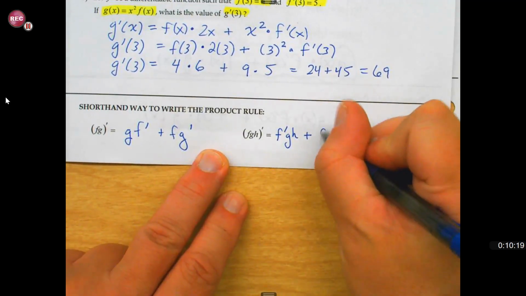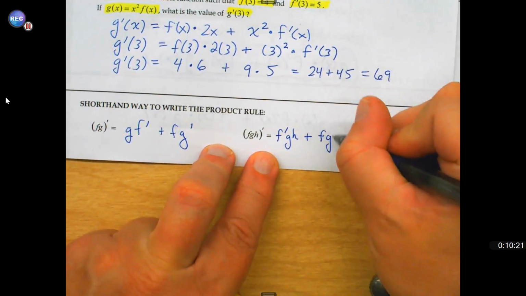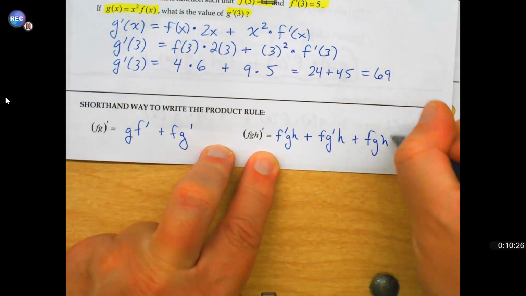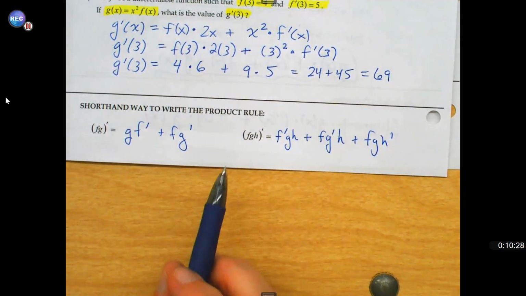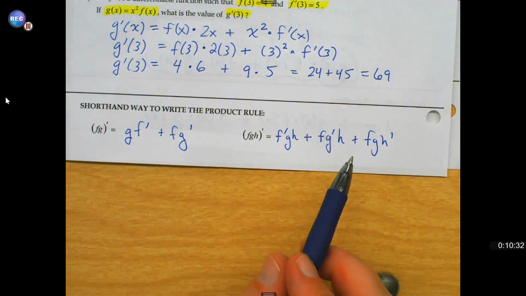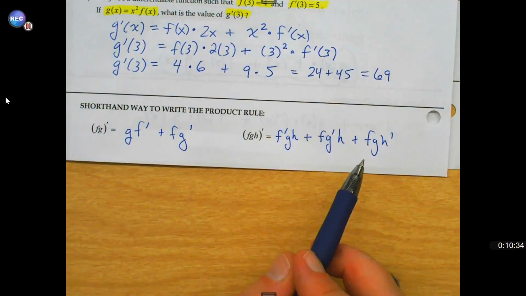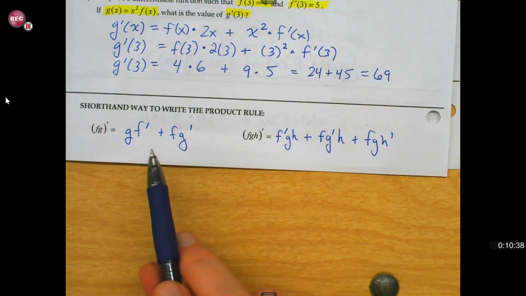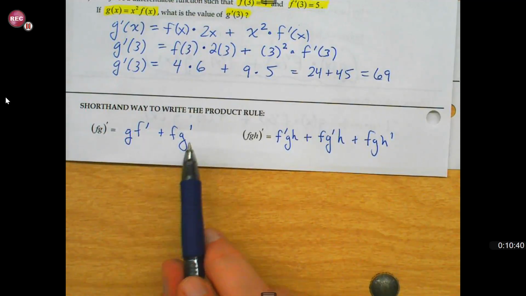So I'm just going to systematically write this out so I don't miss any. You could just take a look at what I wrote in a second. But essentially, we are doing the derivative of f, g, and h. And as we're doing that, we're just leaving the other two functions the way they are. So in general, that's kind of what the product rule is saying. And it's happening over here as well when I write it this way.